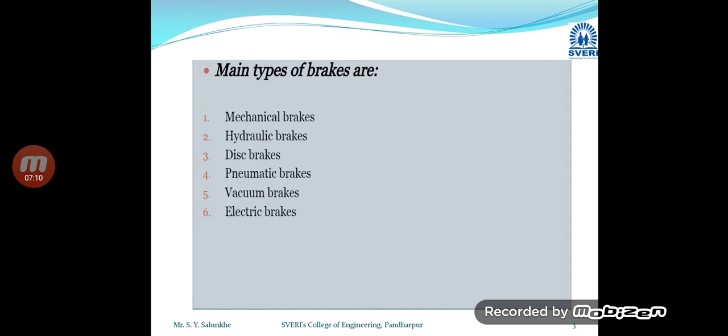Then next type is pneumatic brakes. In case of pneumatic brakes, as we have seen in hydraulic brakes, for the transmitting and multiplication of forces, we are using air, that is pressurized air. That pressurized air transmits the forces which are applied by the driver, and that will get multiplied if required.